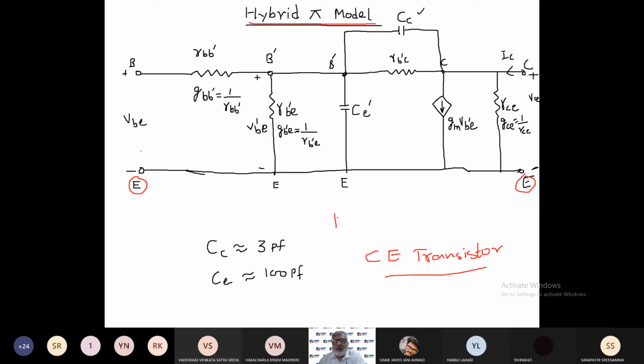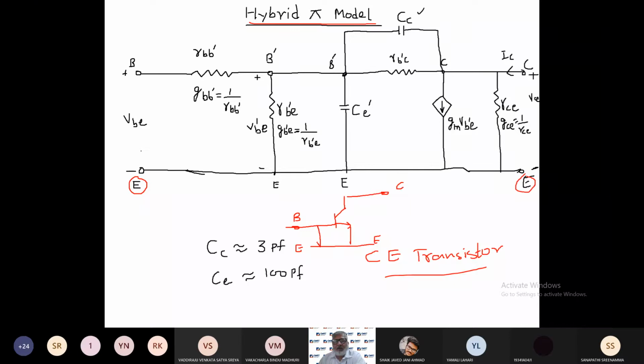So common emitter transistor, it looks like this, right? So here this is emitter terminal. This is your emitter terminal, right? And here this is our base, and here we are having this collector.